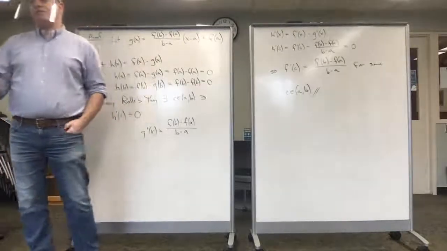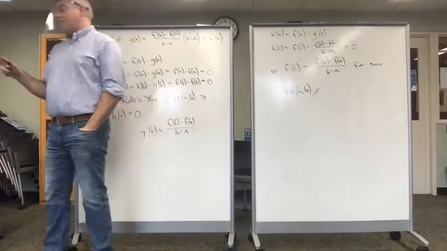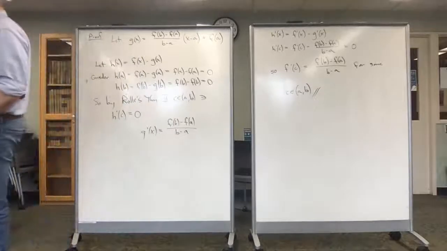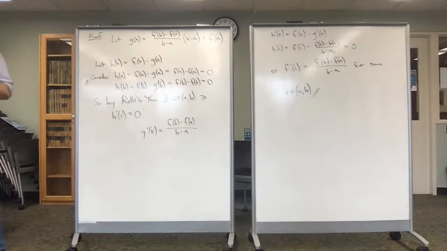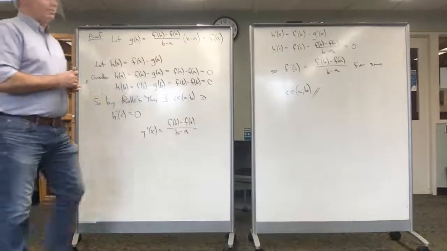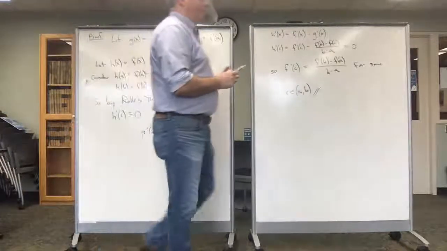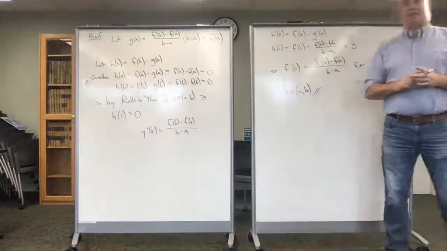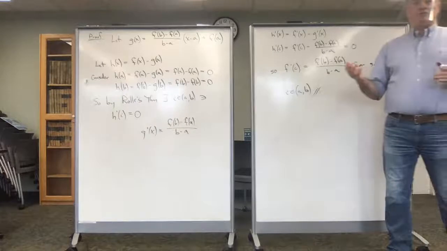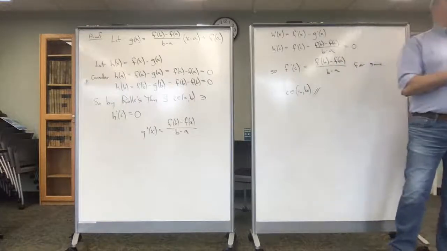And that's actually super important when we get into integration. We actually can't prove certain things about integration without the mean value theorem. In fact, the Riemann integral depends on the mean value theorem.